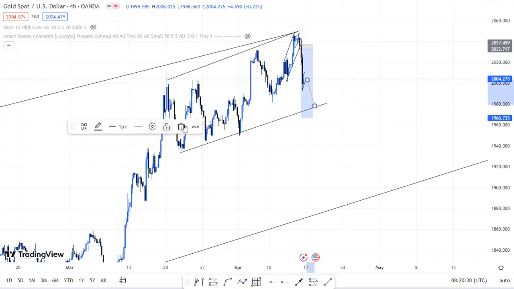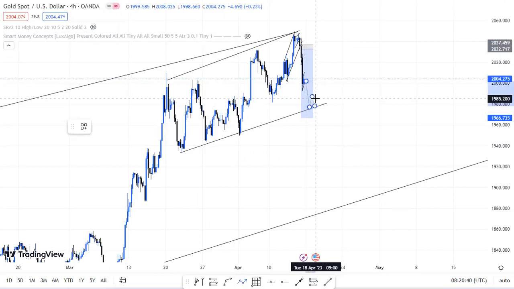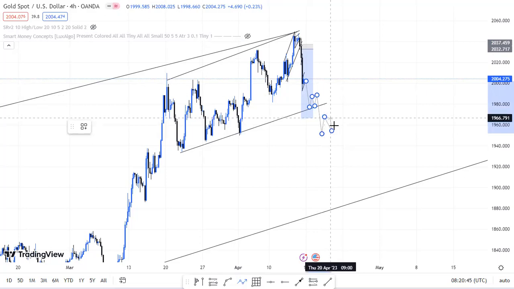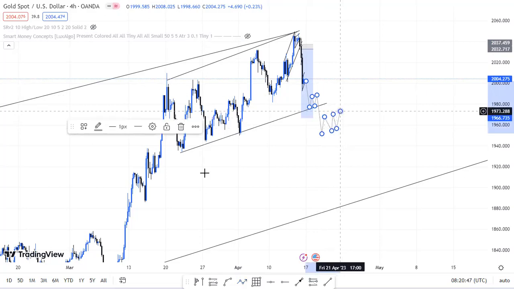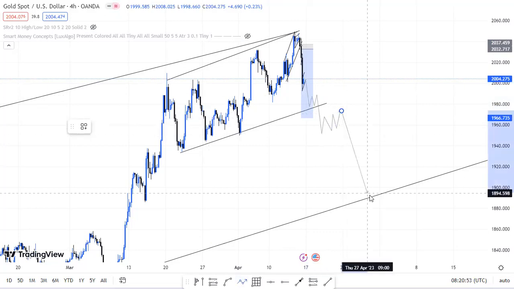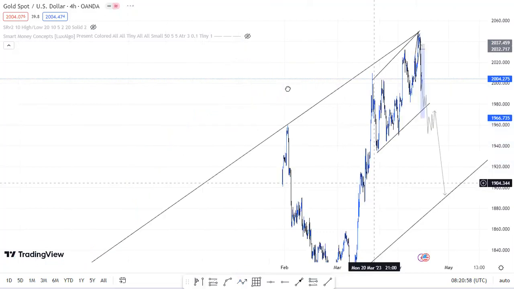We really hope for price to come to this level and maybe play a bounce back from it a little bit, give us a correction, break out. Okay, as soon as it breaks out, we're going to wait for a correction or a retest, and then we're aiming to take another sell going down to this level.